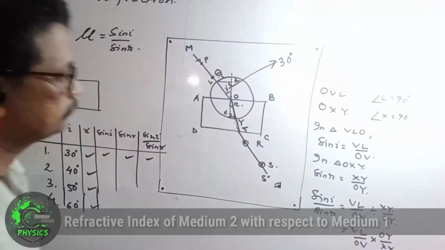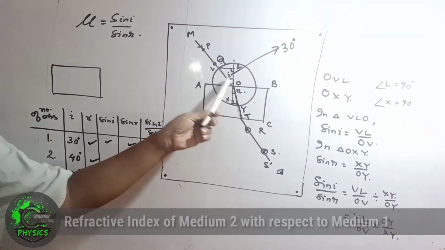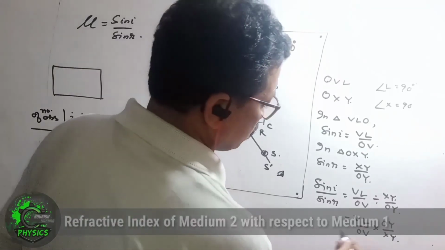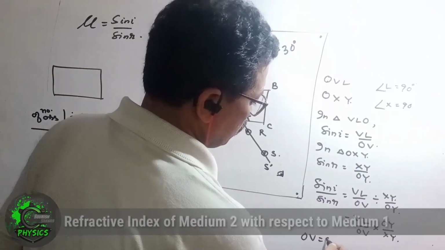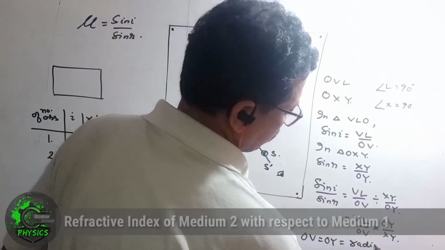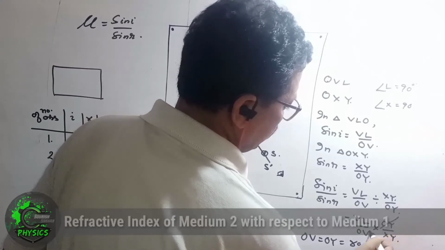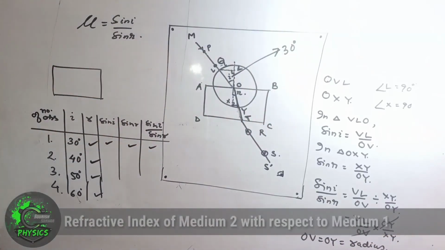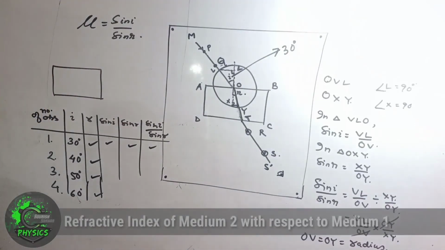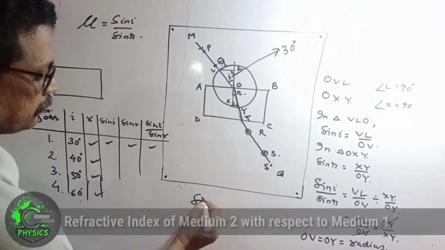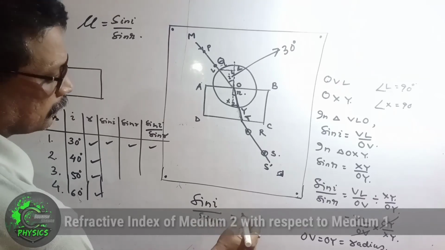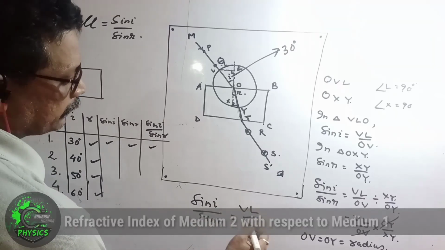Now OV and OY both are equal. OV equals OY, that is the radius. That's why OV and OY we can cancel out. So what we get? We get sin I by sin R equals VL by XY.